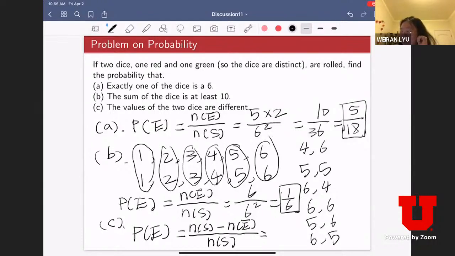So that should give you 6 total pairs, which is 36 minus 6 over 36. And the result should be 30 over 36, and if you simplify that, you will get 5 over 6. And that's your answer for part C.